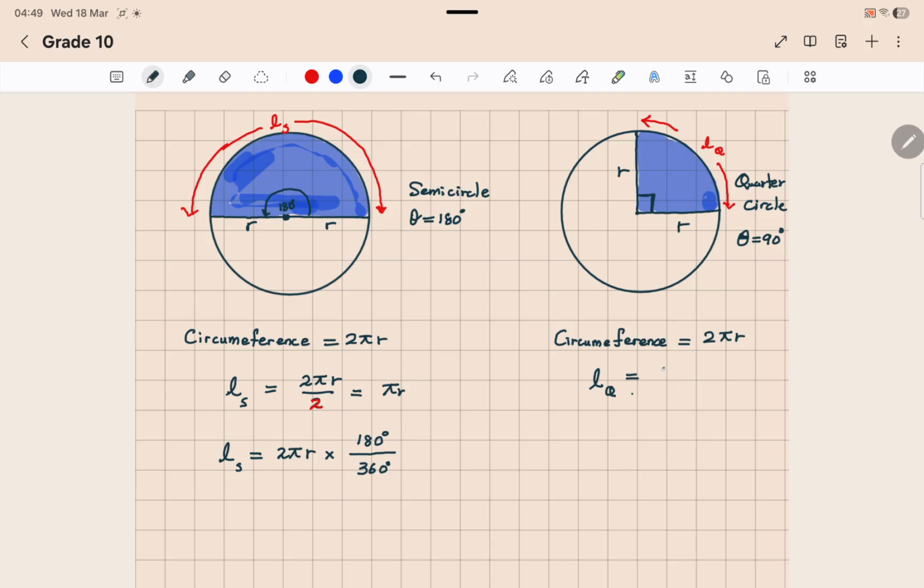How much of the circumference do we need? 90 degrees over 360. Full circle is 360, we want only the 90 degree part, which gives a quarter, 1 over 4. So 2 pi r times 1 over 4, which simplifies to pi r over 2.